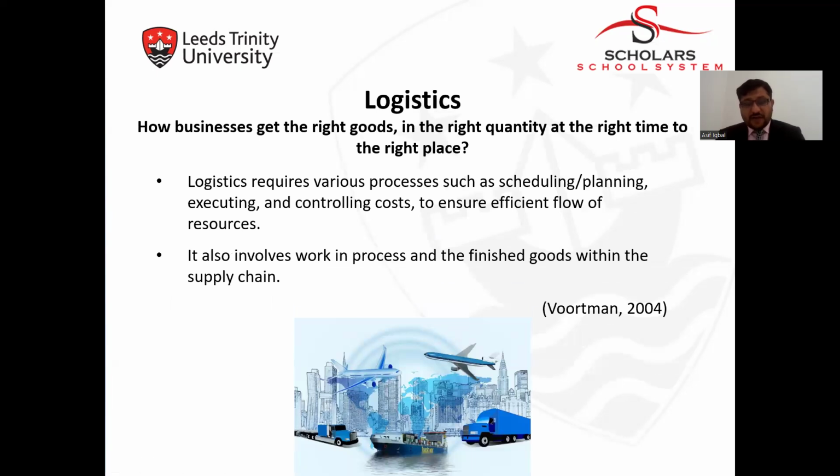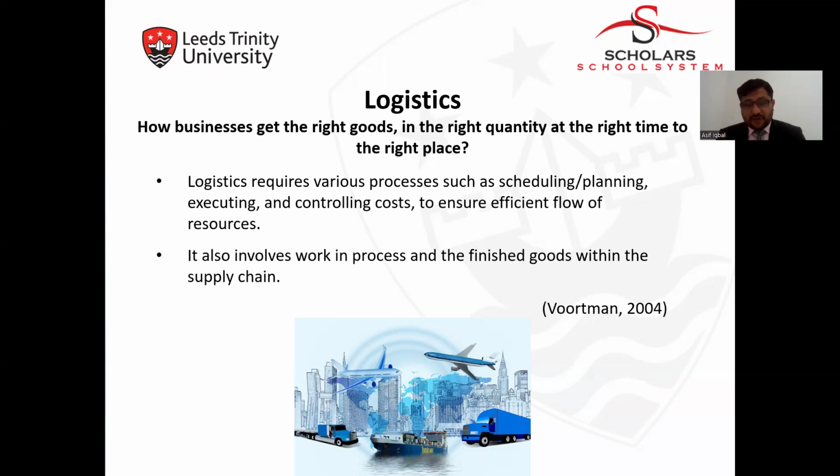Logistics requires different processes such as scheduling, planning, executing, and controlling costs to ensure efficient flow of resources. Scheduling and planning are very, very important: from where the things are going to be picked up, at which time, and how the cost is going to be minimized and controlled, so that everything flows in an efficient way.